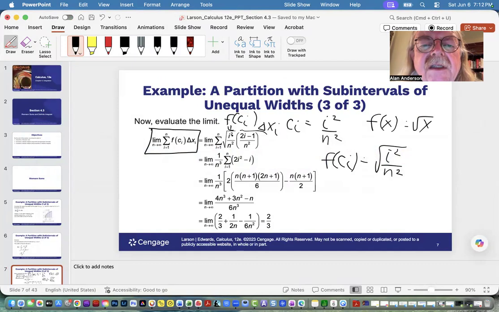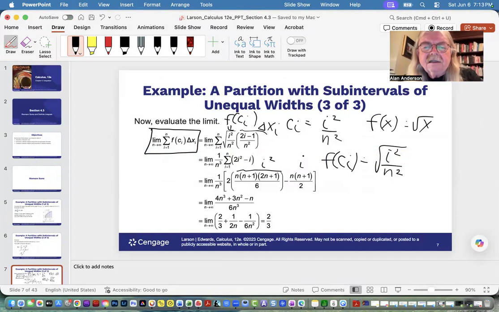As you can see, we're not going to necessarily have to go through all these steps, but you see what they've done. They rewrote this as 1 over n cubed because it's a constant. And here under the summation sign, we have 2i squared minus i. Now the 2 is being multiplied here. This is i squared, and this is i. And so then we do a little more algebra.